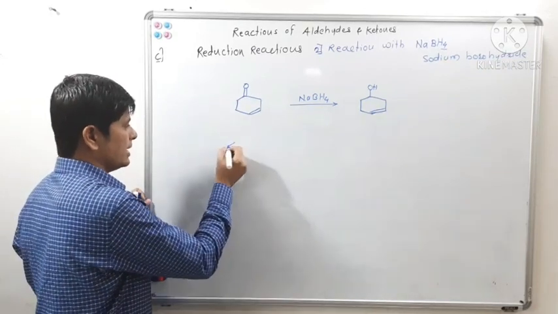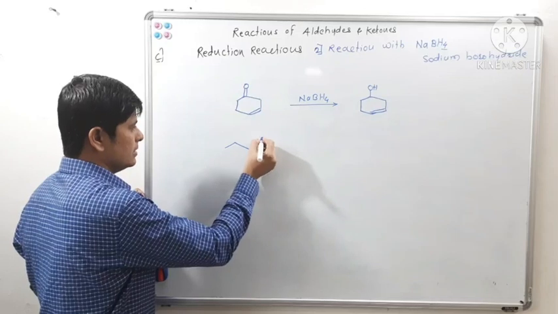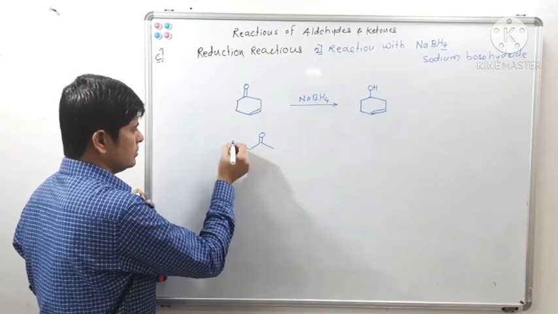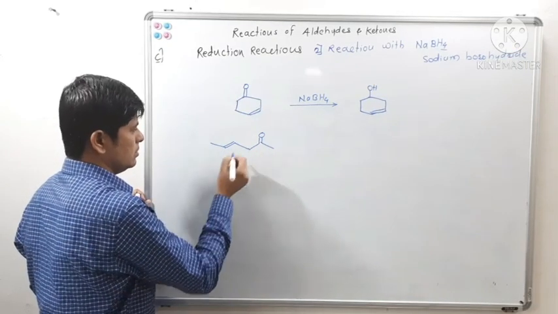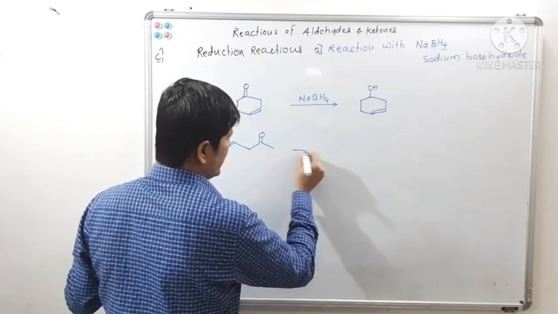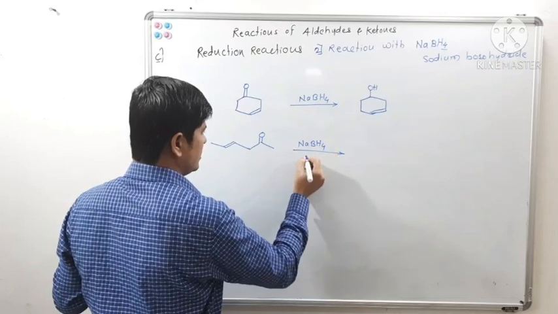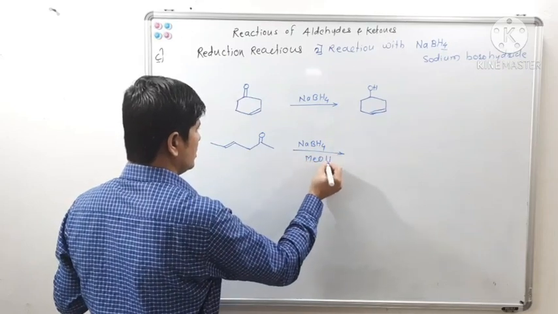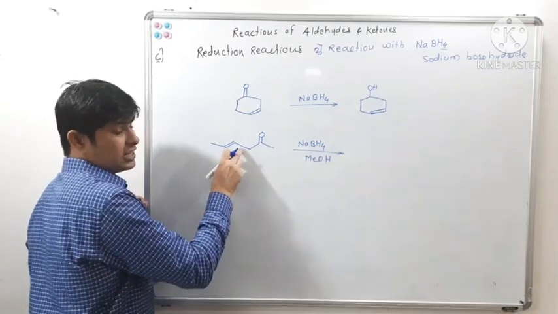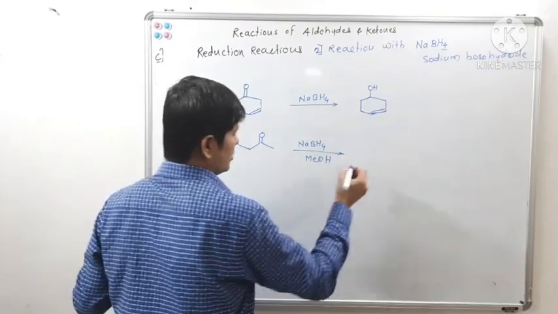For example, I can take this example also. Suppose we react this compound with sodium borohydride in methanol. It's not a conjugated double bond, it's an isolated double bond.